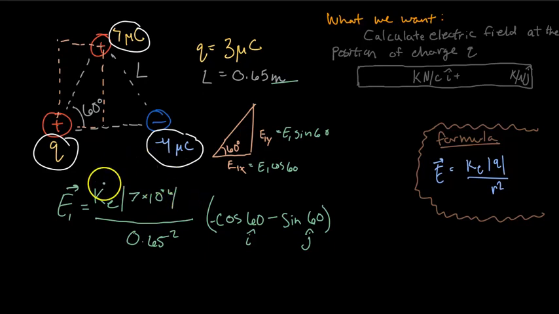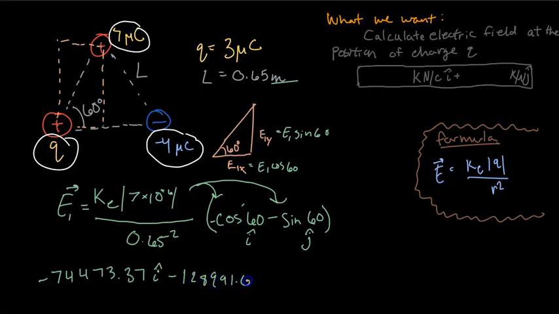And then when we get our overall number here, we multiply it out to both sides. We should get -74473.37 i hat, and then subtracting 128,991.66 j hat.